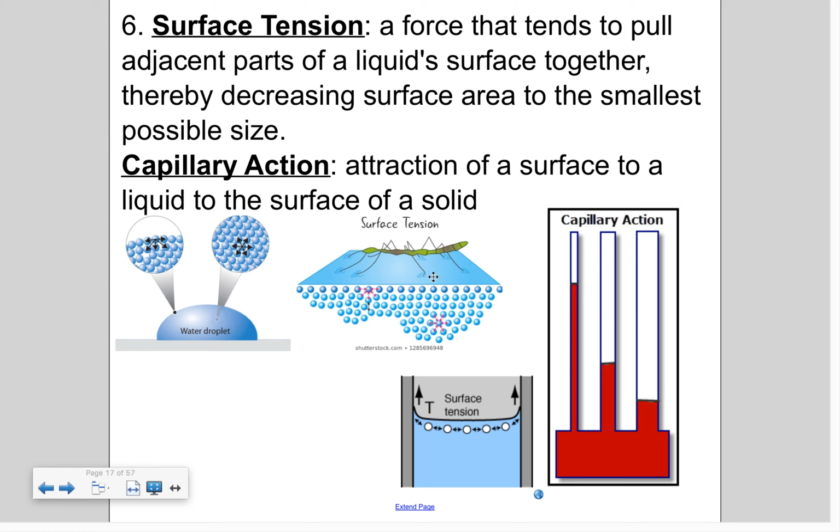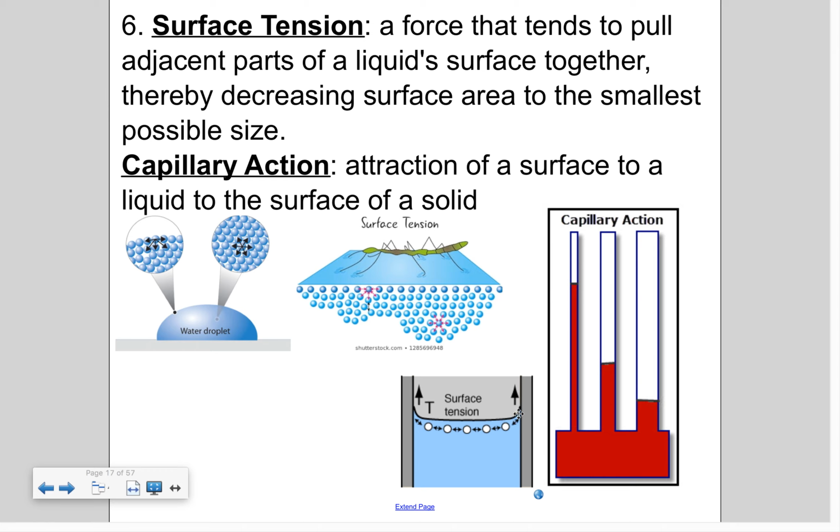You can break that surface tension by disrupting the intermolecular forces that are occurring between each particle of water. You find surface tension, especially in small tubes. We call this capillary action, attraction of a surface of a liquid to the surface of a solid. So here we have liquid surface together, so adjacent parts, so liquid to liquid. And here with capillary action, we have liquid to solid.